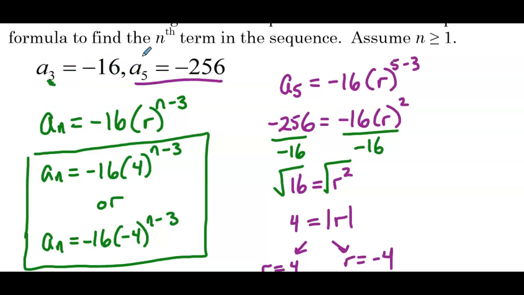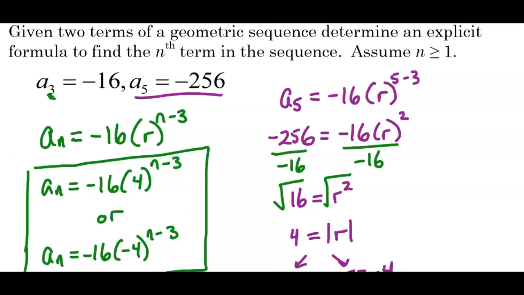Well, a sub 3 and a sub 5 are two terms away, right? 3, 4, 5. Well, if I multiply by positive 4, it would be negative 16, then negative 64, and then negative 256. If we multiply by negative 4, it would be negative 16, then positive 64, and then negative 256. So two different sequences still have the same two terms that we were given. Hence, we have two formulas, one for each sequence.